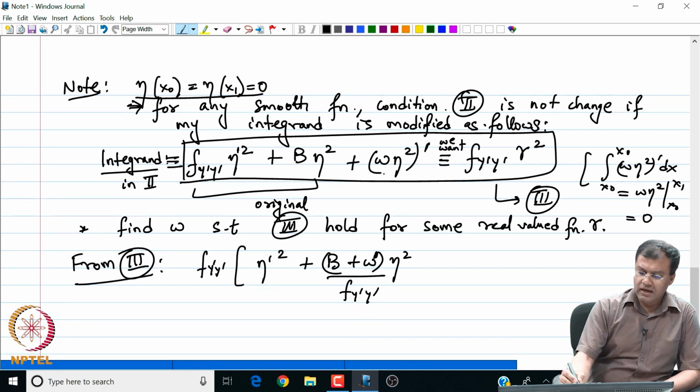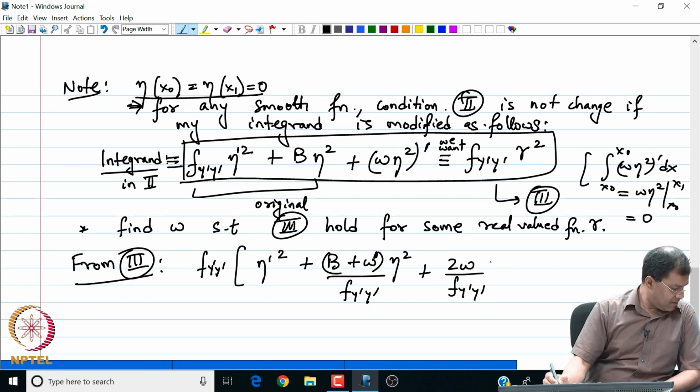Note that the third quantity can be differentiated using product rule. The first term is already absorbed here. The other term is plus 2 omega by f y prime eta prime, right.